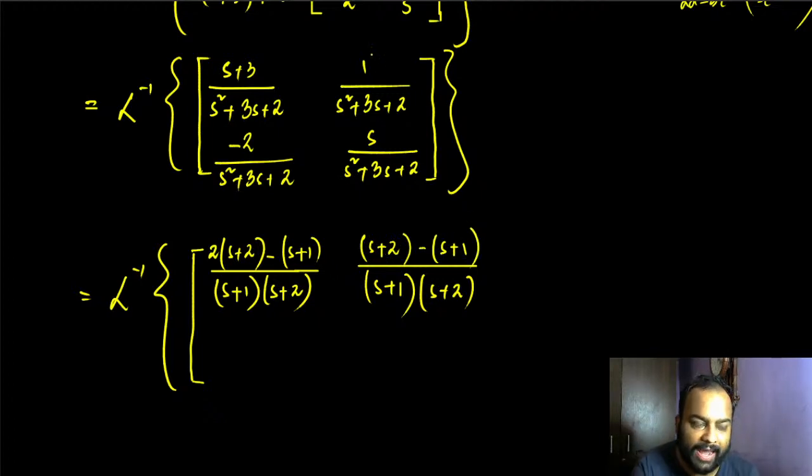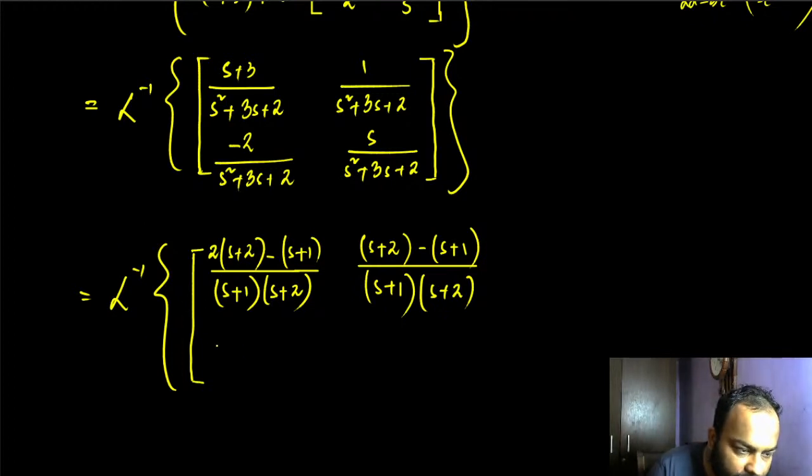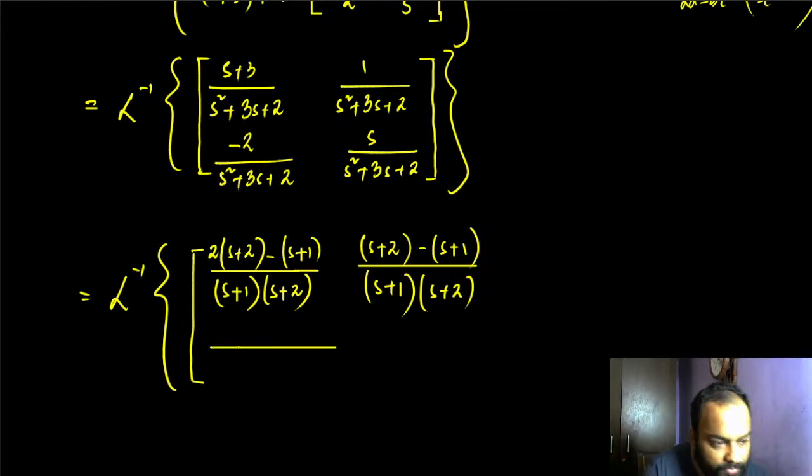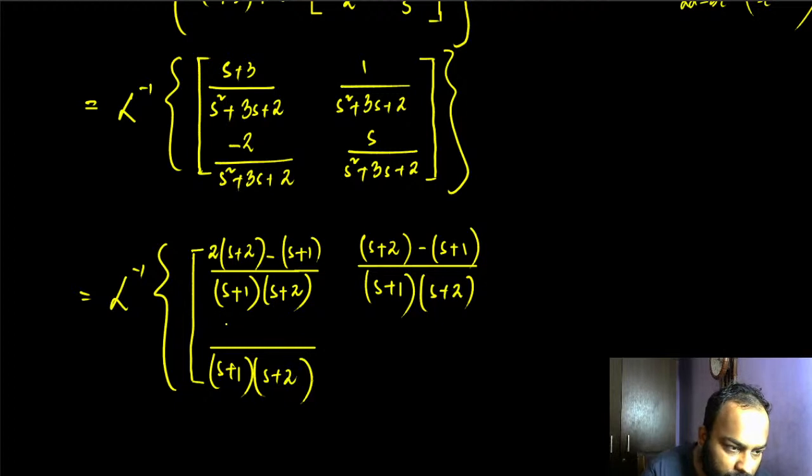So again, you can see I can write down the top in terms of factors of the things in the bottom, right? Here we have the same thing. It's (s plus 1) times (s plus 2), and here that's going to be 2(s plus 1) minus (s plus 2).